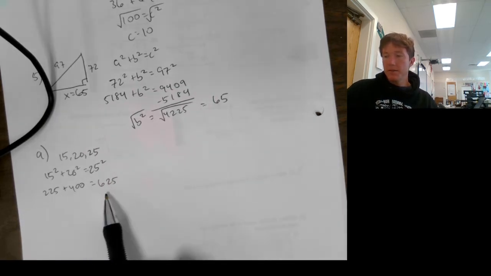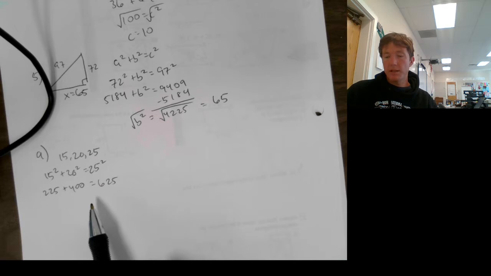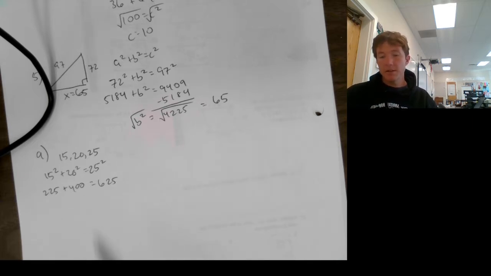And since this is true, they do form a Pythagorean triple. So if it weren't true, then they would not form a Pythagorean triple. So in this case, it did work. I believe, let's see, number 7, it does not. Okay, so number 7 does not form a Pythagorean triple.